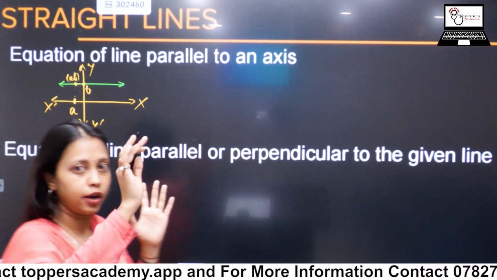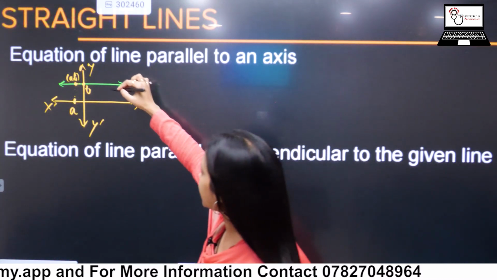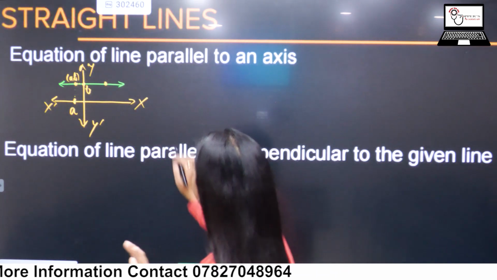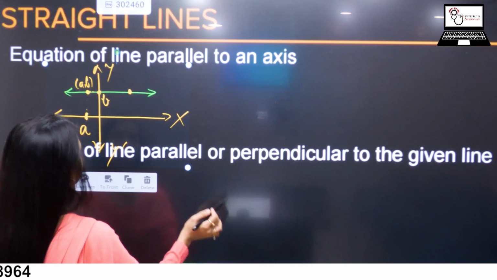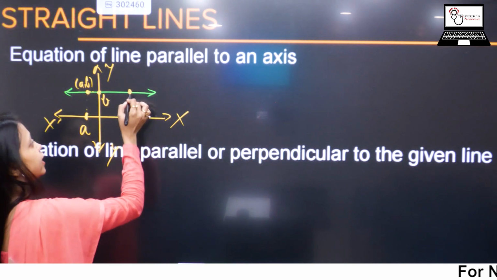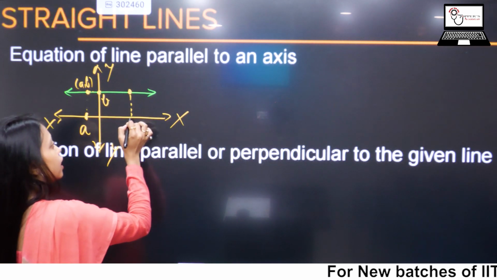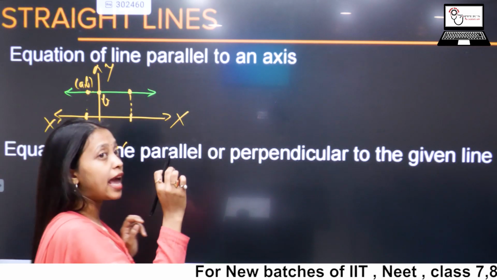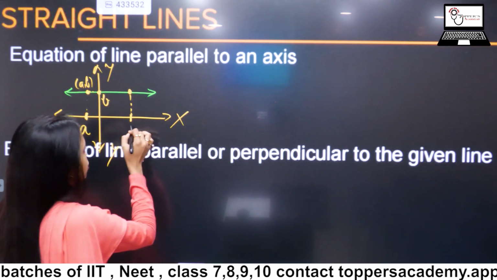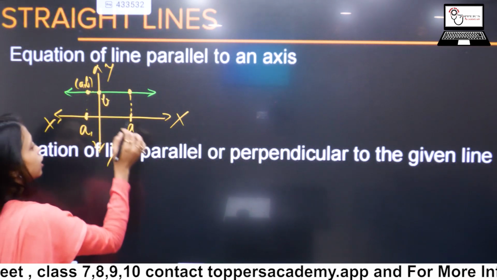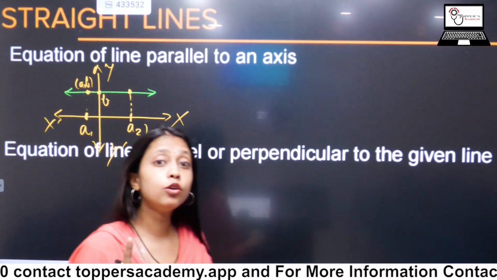Simple as that, right? But if I take any other point, you see, the abscissa, the x component of that coordinate, changes. If it is A1, let's say, it becomes A2. But what about the y component?